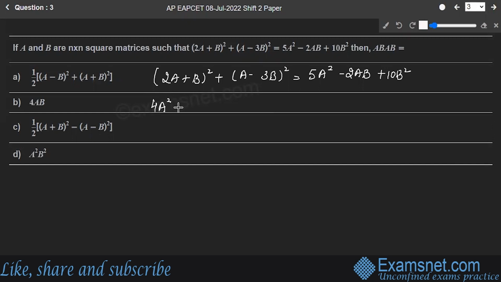You will have 4A square plus B square plus 2AB plus A square plus 9B square minus 6AB is equal to 5A square minus 2AB plus 10B square. So now let's take everything on the LHS.